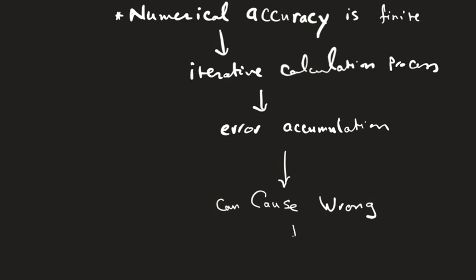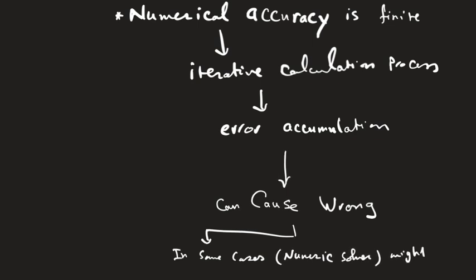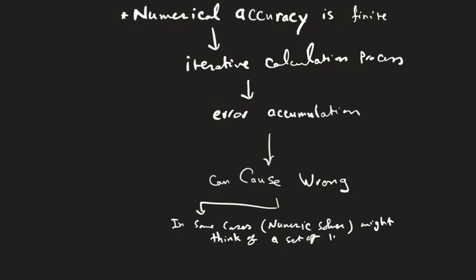One example of that is that in some cases your numeric technique or numeric solver might think a set of linear equations, Ax equals b, is singular while it's not.